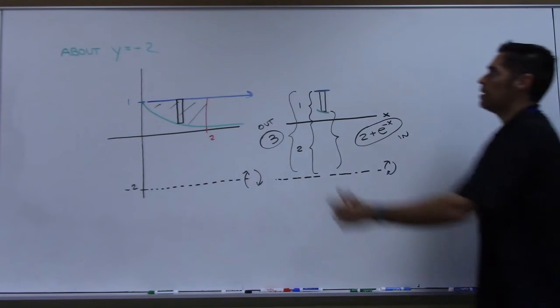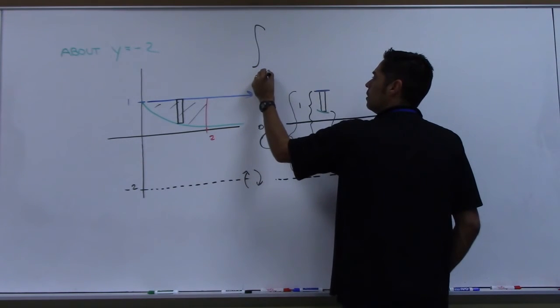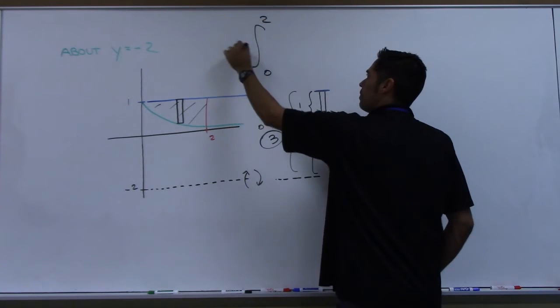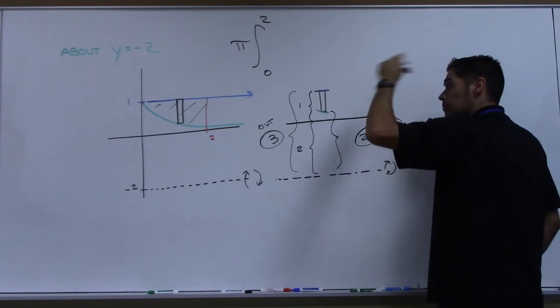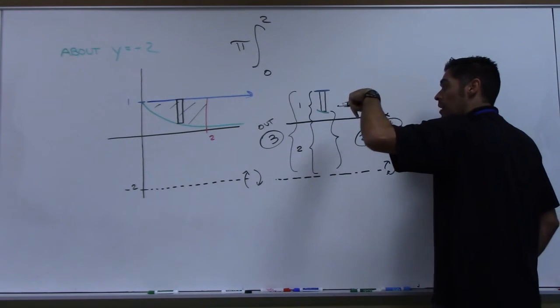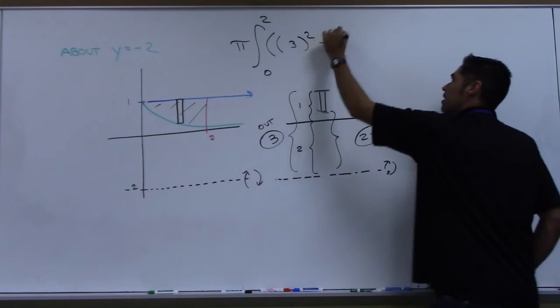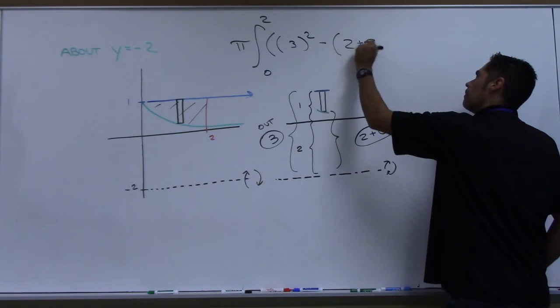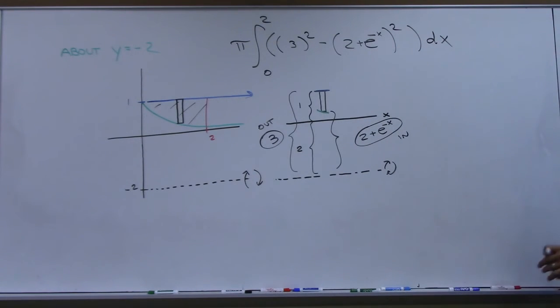And so the integral becomes the integral from 0 to 2 still. That didn't change. Pi, outer squared minus inner squared, dx.